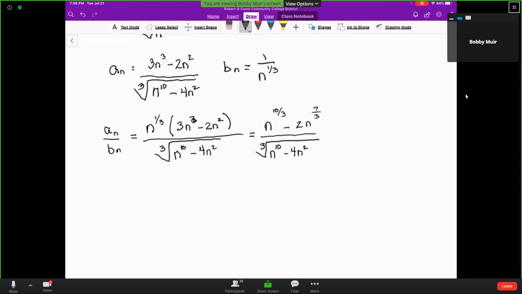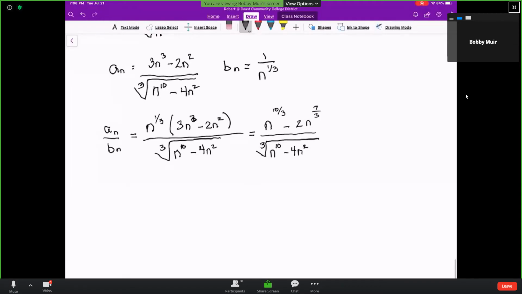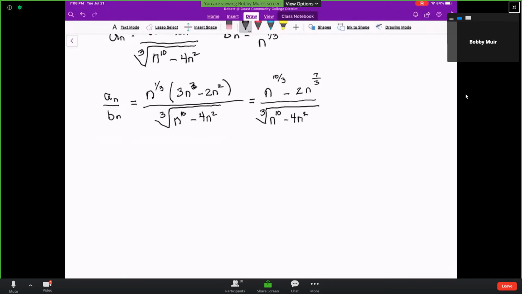Okay, now if we take the limit as n tends to infinity, we're going to get infinity over infinity. All right, so maybe we can do something here. If we multiply the top and bottom by 1 over n to the 10 thirds power.